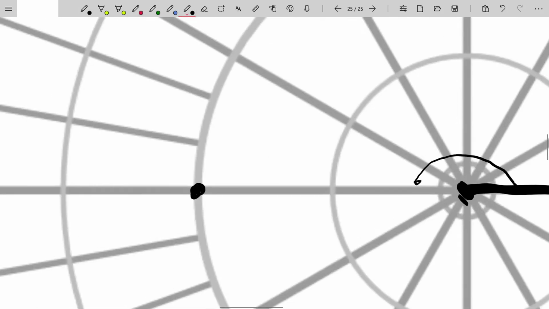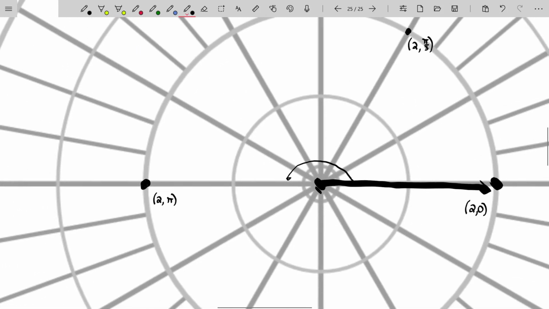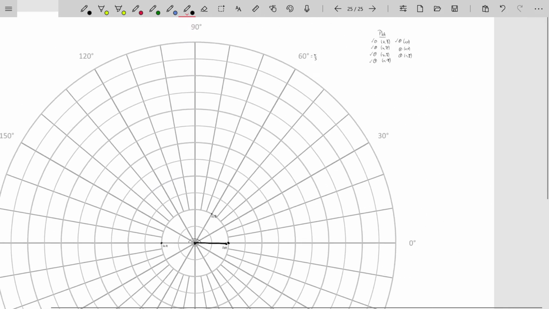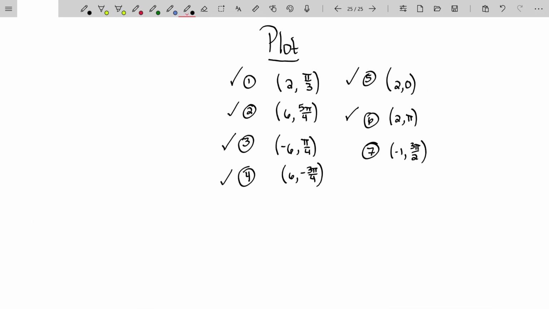And we'll label that 2 comma pi. Now it looks weird because you're on what you would consider to be the negative x-axis, so it looks really weird that the first coordinate is positive, but it's positive because that's the radius. You turn through an angle of pi and step forward from that center 2 units. So that's the way you should think about working with the polar coordinate system, is stepping forward, stepping backward from a center.